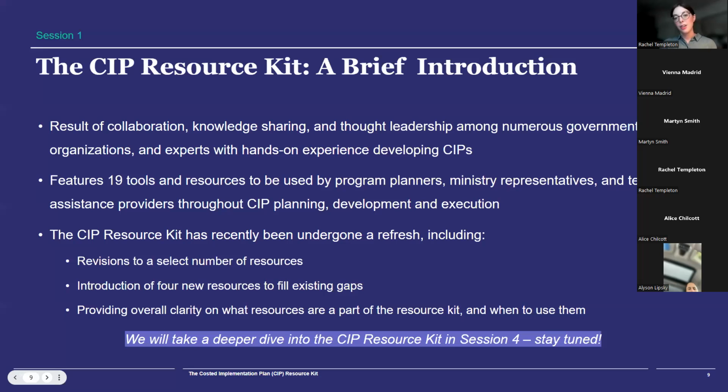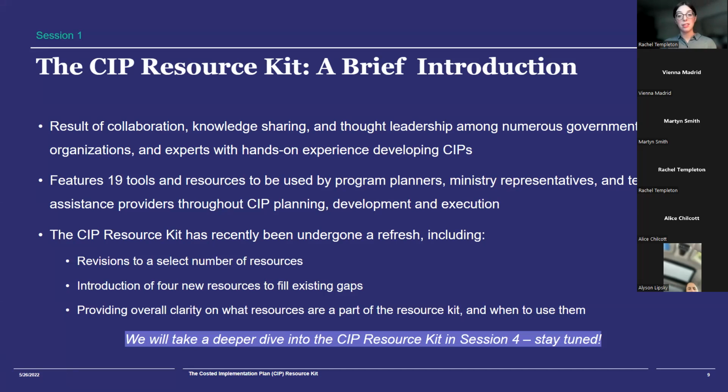So before I hand it over to Laura and Michelle, I want to provide a brief introduction to the CIP Resource Kit itself. So as Martin has already mentioned, the CIP Resource Kit has been organized around this 10-step process that I just shared.